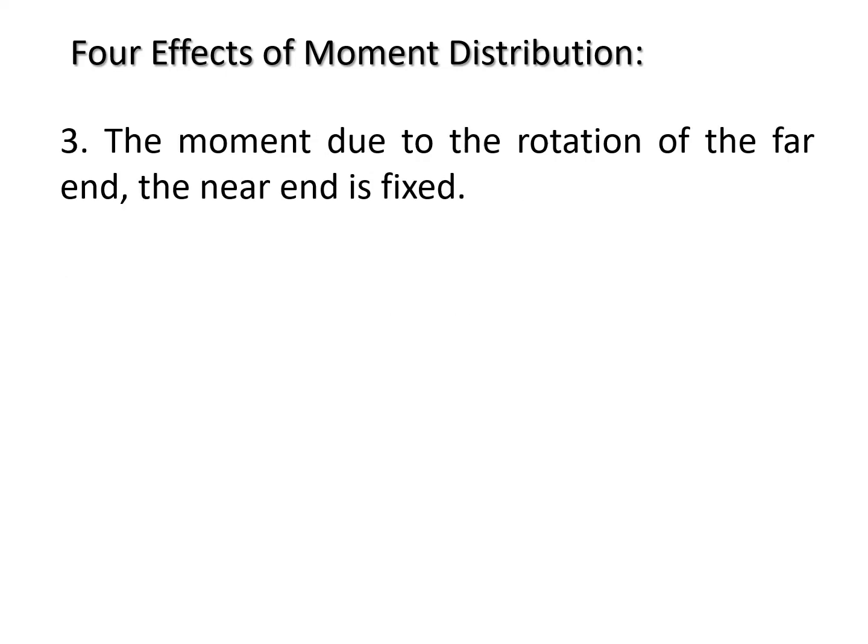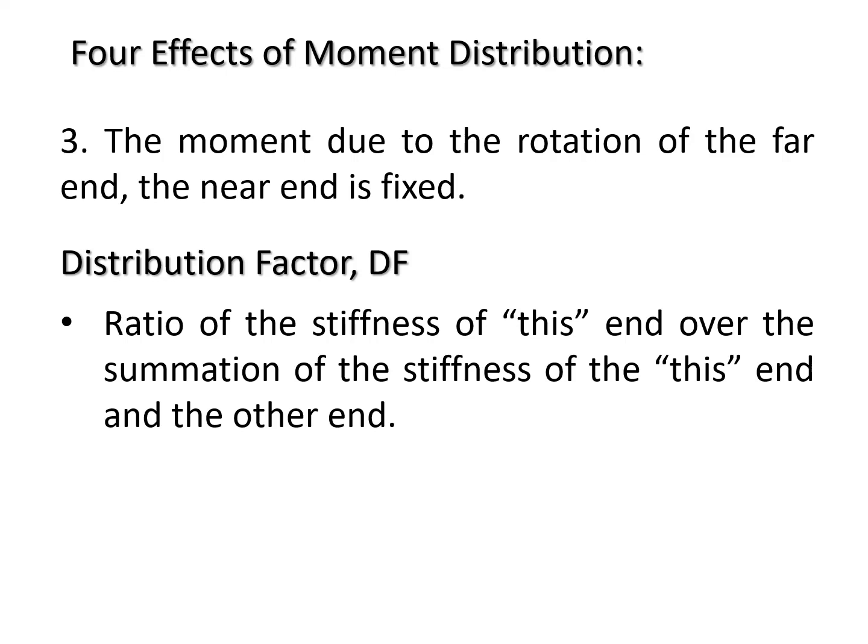The third effect is the moment due to the rotation of the far end, and the near end is fixed. So this is now attributed by the distribution factor, or DF. So a DF of a certain segment is a ratio of the stiffness of this particular end over the summation of the stiffness of the other end and its end.